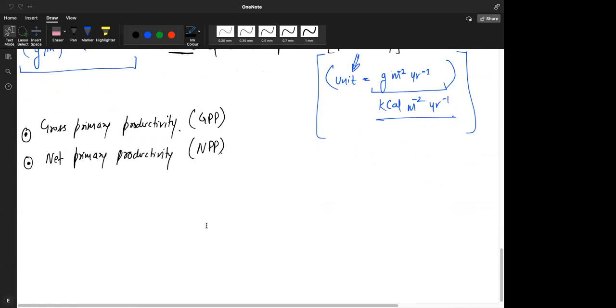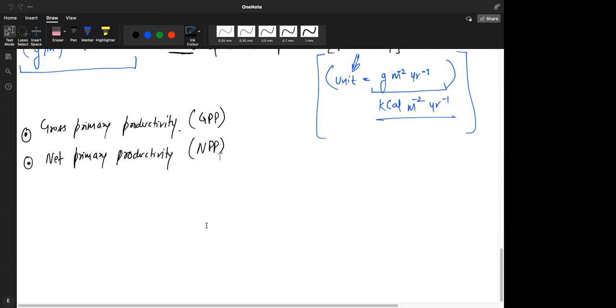So let's define these two terms. First, write down the GPP, gross primary productivity, of an ecosystem. The GPP of an ecosystem is the total rate of production, or the overall rate of production of organic matter.